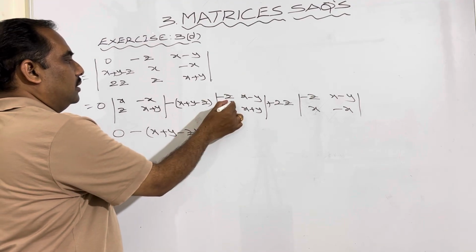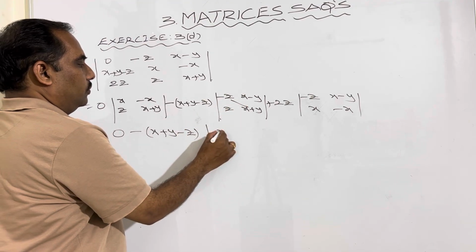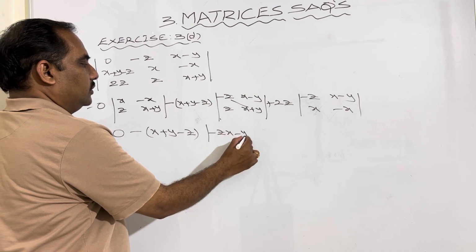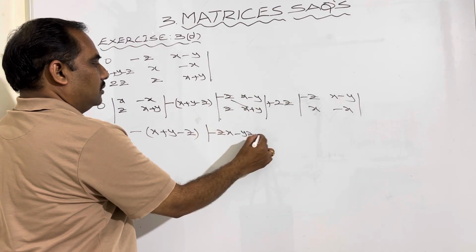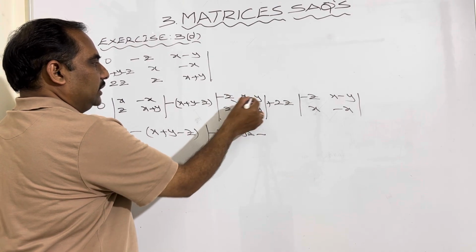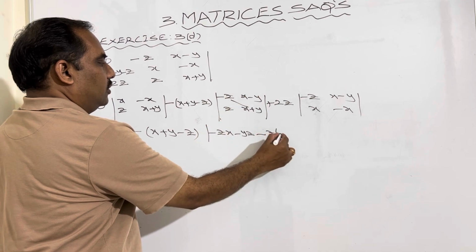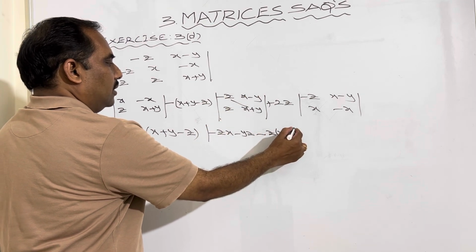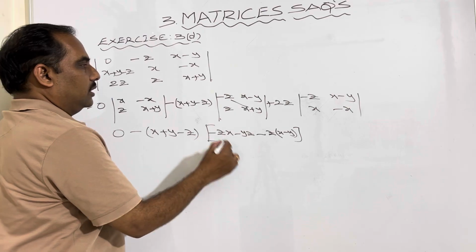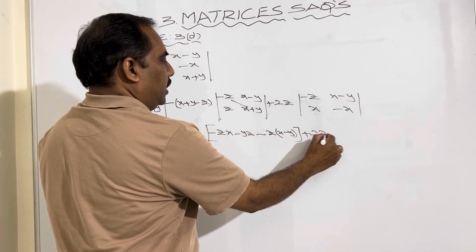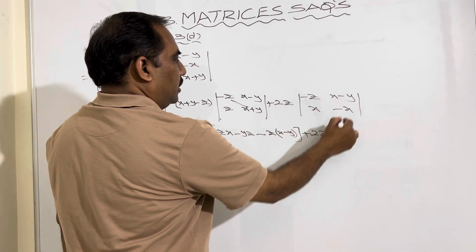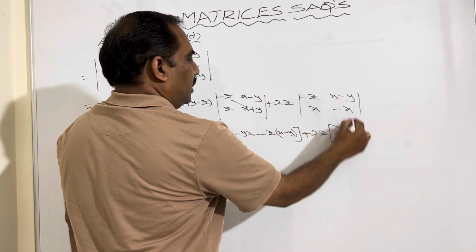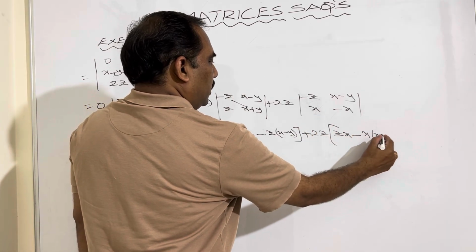Into here, if you multiply these two, we get minus zx minus yz, and immediately minus z into x minus y. This is minus z into x minus y. Again plus 2z into this: this is zx, and minus x into x minus y.